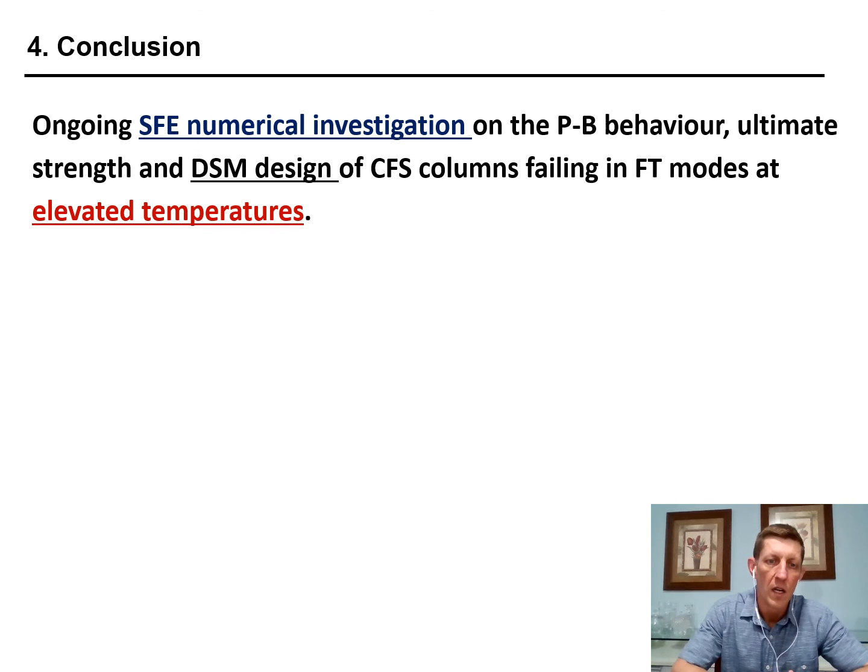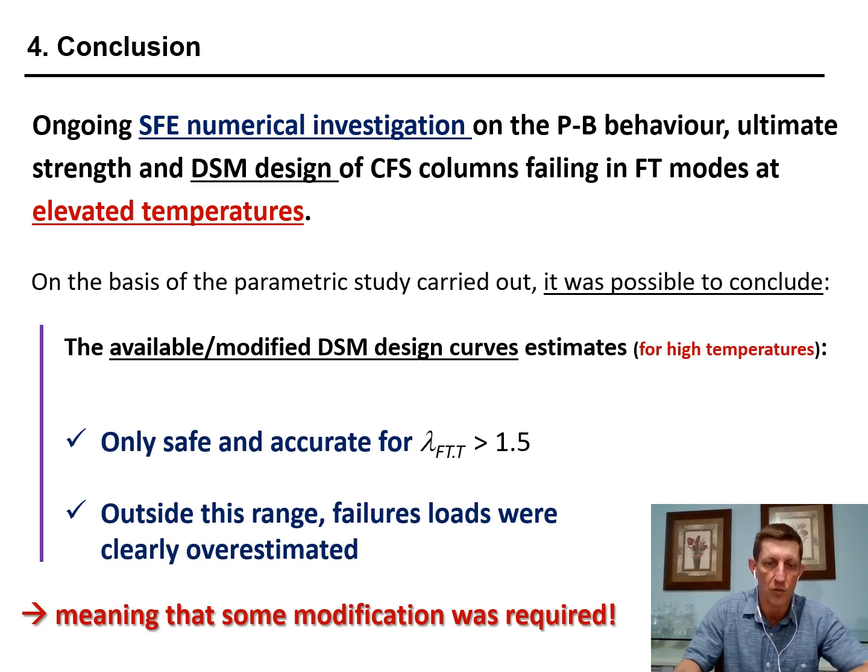Conclusions. This work was about an ongoing shell finite element numerical investigation on the post-buckling behavior, ultimate strength, and DSM design of cold-formed steel columns failing in flexural-torsional modes at elevated temperatures.